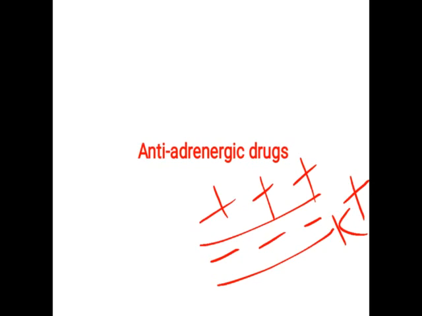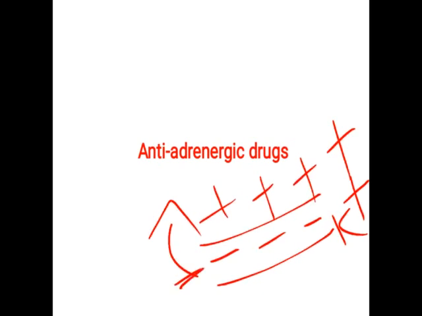So when a potassium channel agonist is given like minoxidil, it opens the potassium channels and efflux of potassium takes place from intracellular into the extracellular. So when efflux takes place, outside the cell the positive charge increases due to the efflux of potassium, and inside, potassium is released, so negative charge increases.